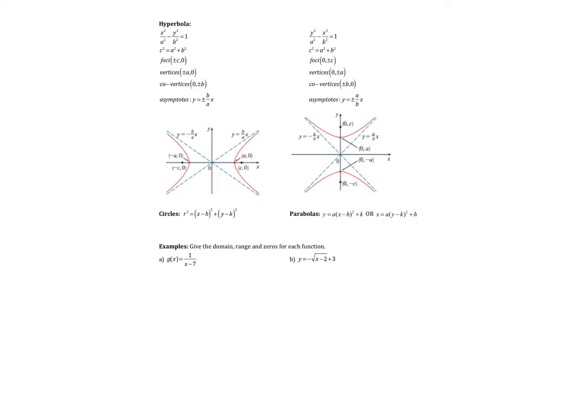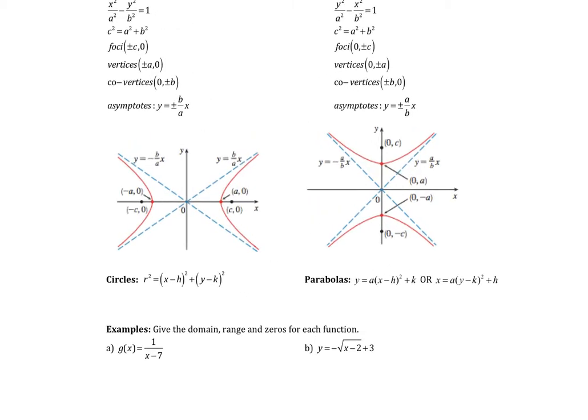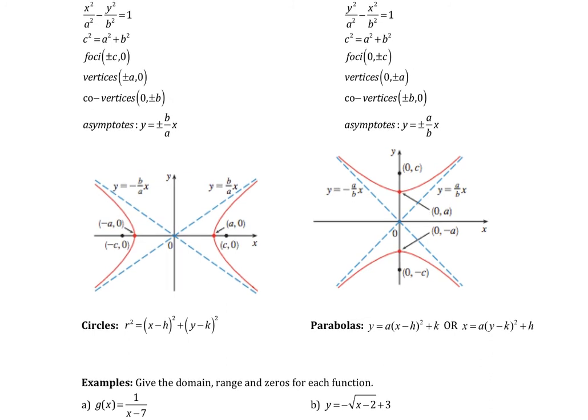Same deal with hyperbolas. My domain and range will change based off of orientation, so I may have a domain where my x values are starting at two different locations and going out, or a range that would be all real numbers, or it might be reversed.